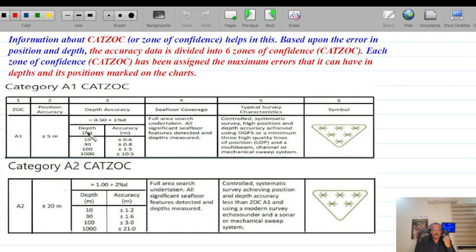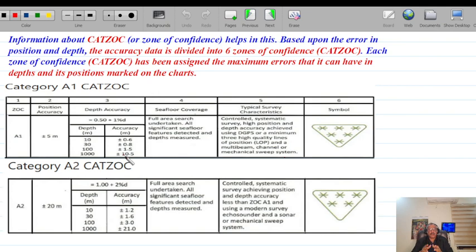For instance, if you have a depth of 10 meters, the accuracy will be plus minus 0.6. For 30 meters, it will be 0.8. If the depth is 100 meters, it will be plus minus 1.5 meters. And for 1000, it's plus minus 10.5 meters.